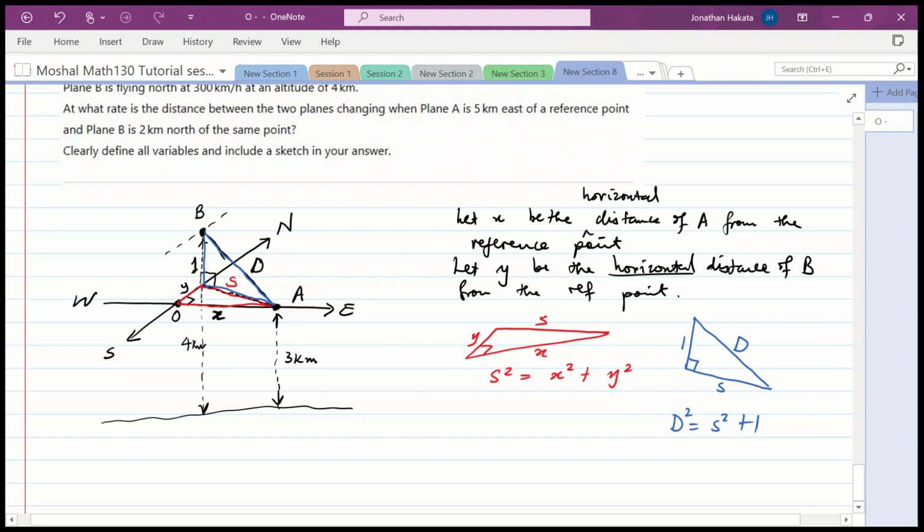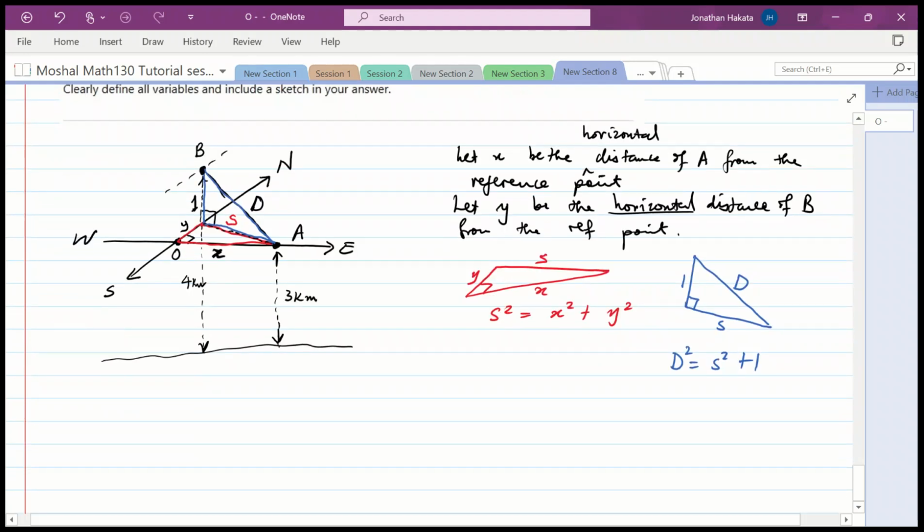This is the master equation from which we will get our differential equation involving D. All right. So from this equation in blue, you agree that D squared is equal to, and S squared is just right here, x squared plus Y squared plus 1. Okay.